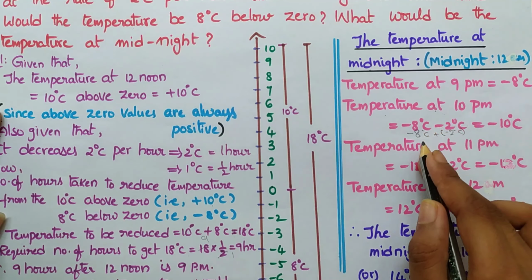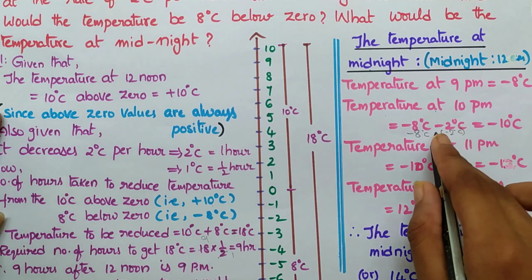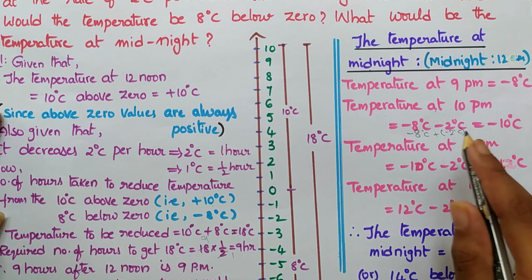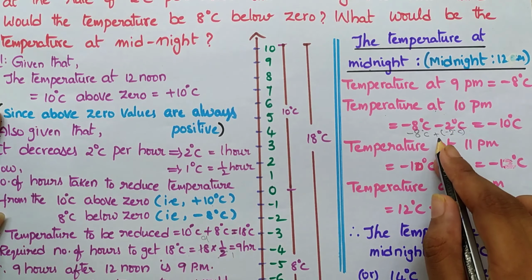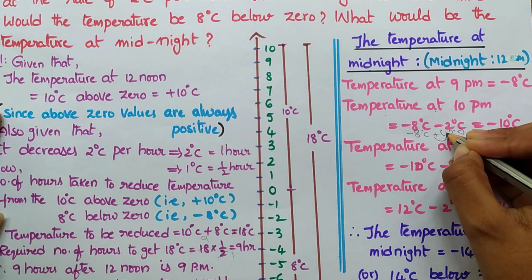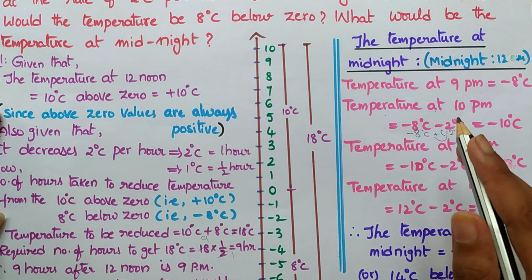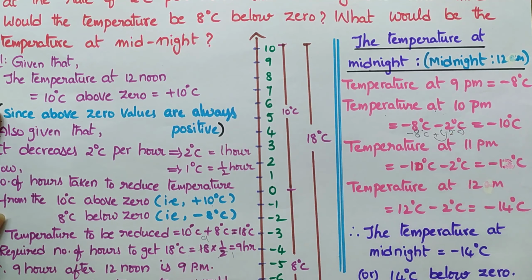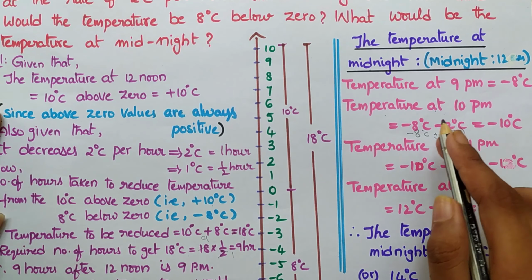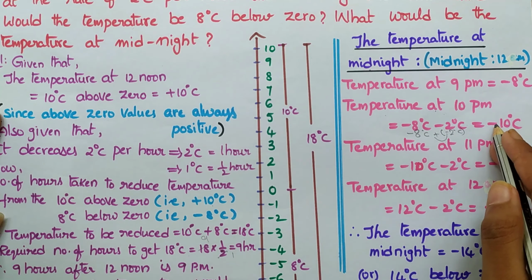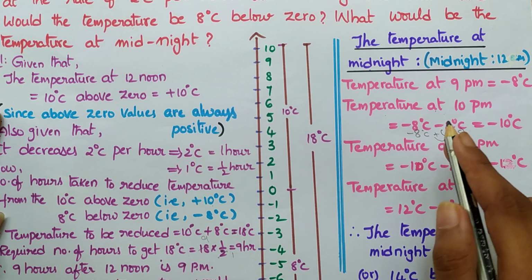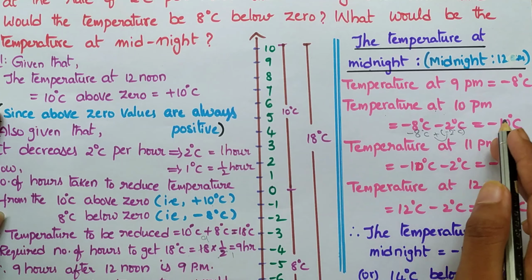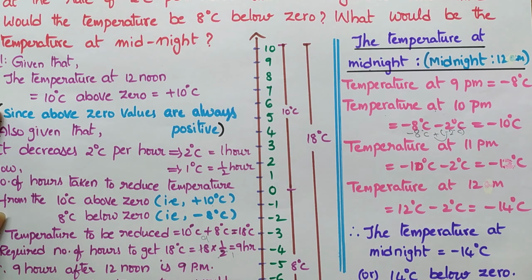Plus into minus is minus, so it is minus 8 minus 2 degrees Celsius. We put the minus and add the integers. 8 plus 2 is 10. So the temperature at 10 p.m. is minus 10 degrees Celsius.